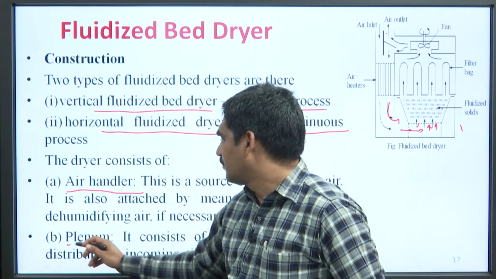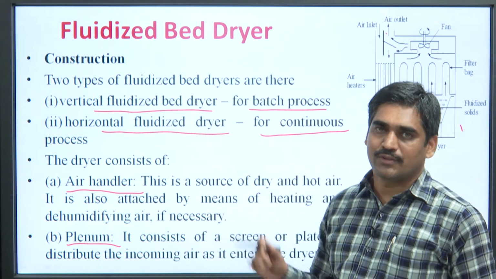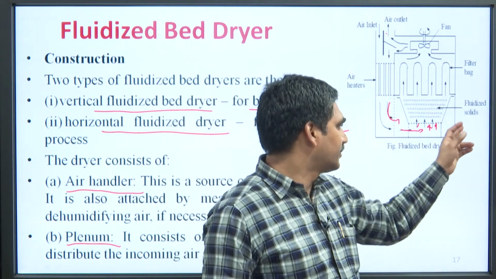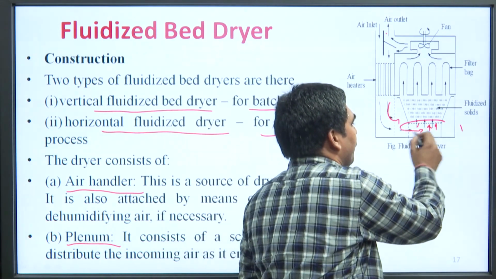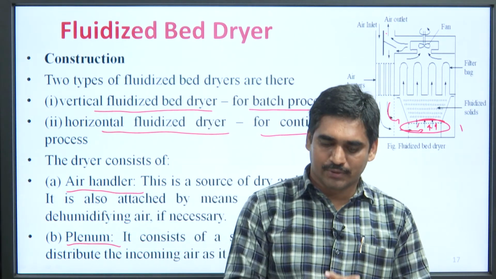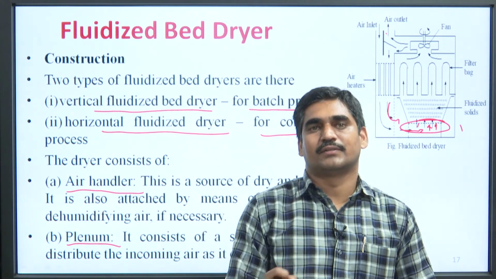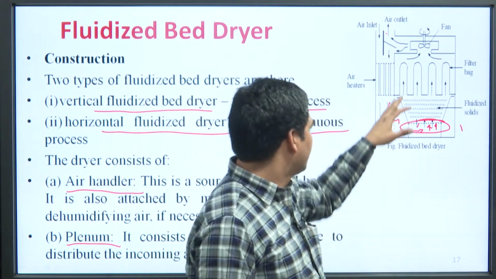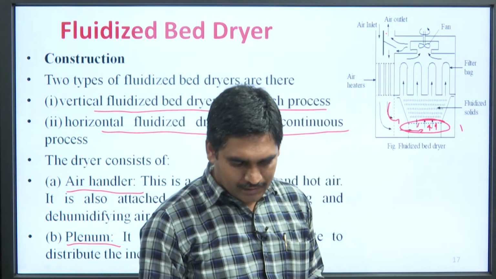Second part is the plenum. It consists of a screen or plate to distribute the incoming air as it enters the dryer. So, this portion is called the plenum.